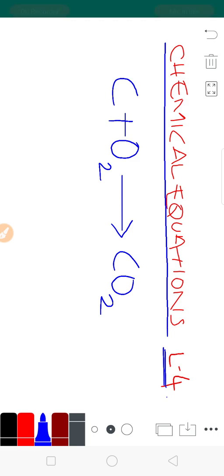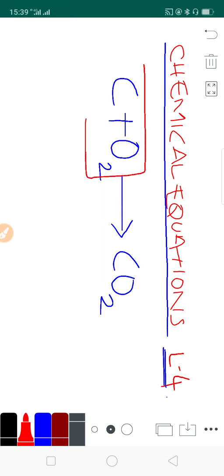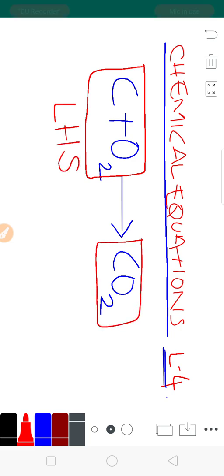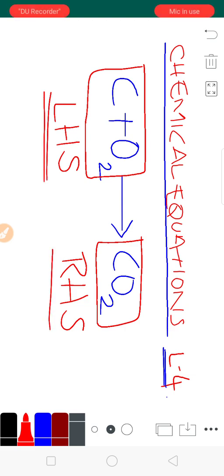In this chemical equation, this is called as LHS, and this is called as RHS. Left hand side, right hand side.